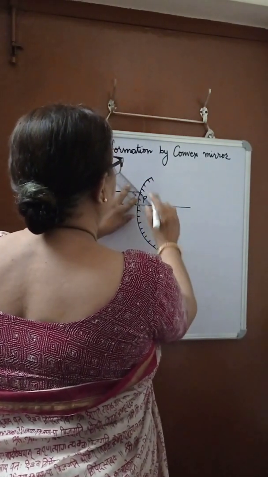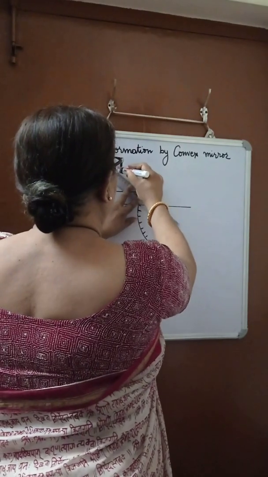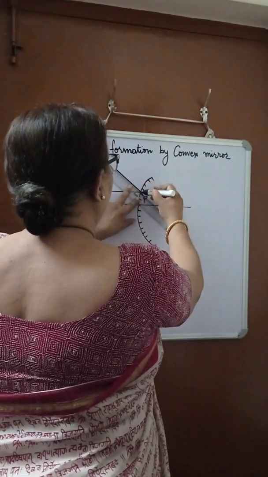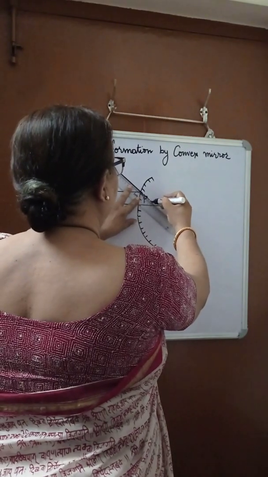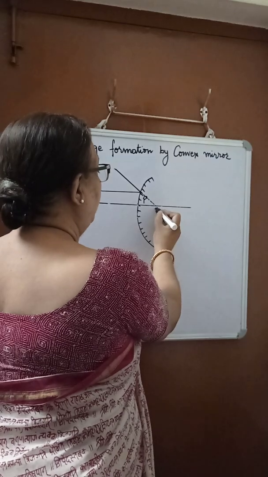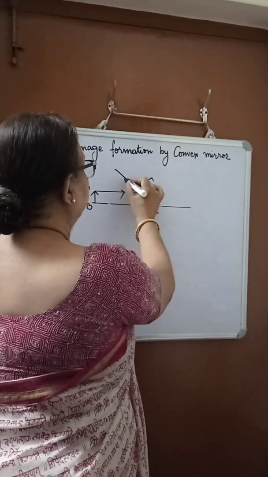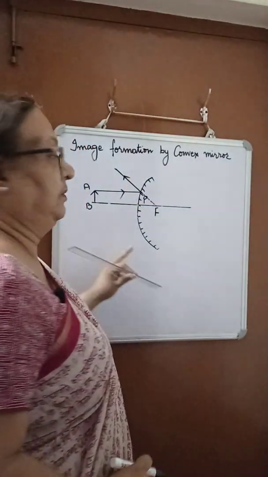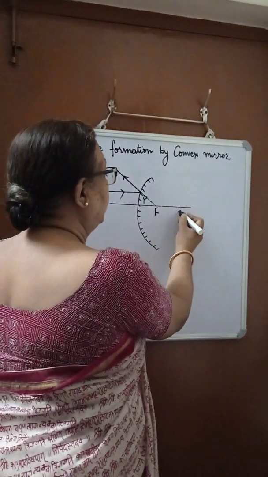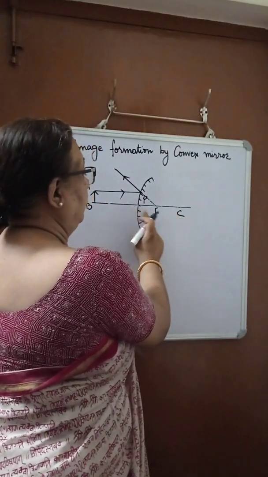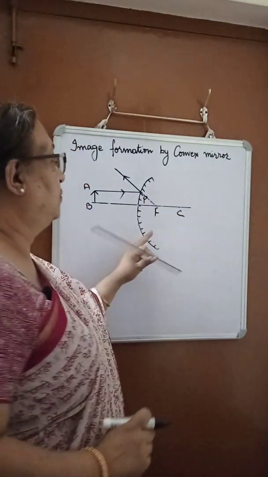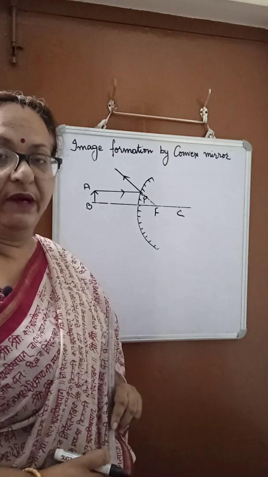After reflection, it will go along such a direction so that when produced backwards, it passes through F. Okay, this is F, so C will be here. F is the midpoint of P and C. So the focus is here, and this is the center of curvature.